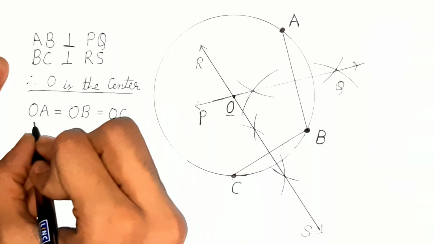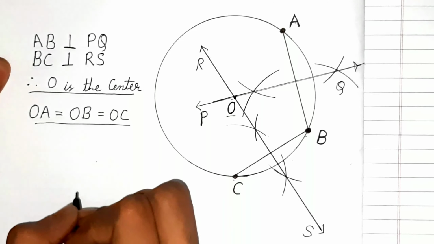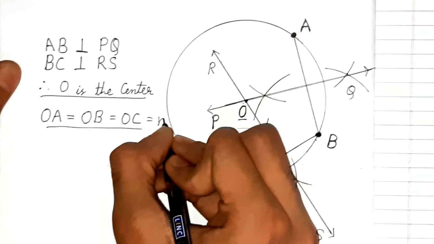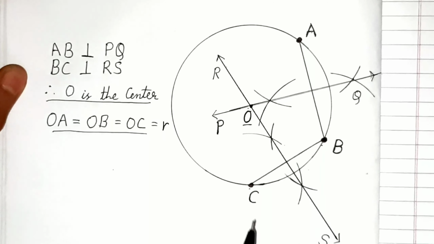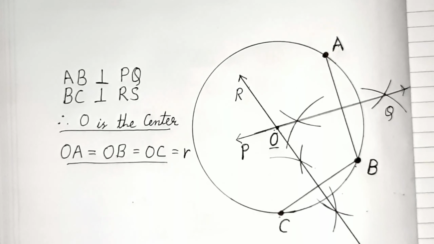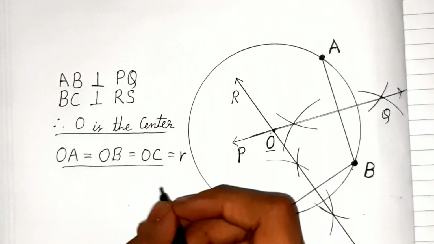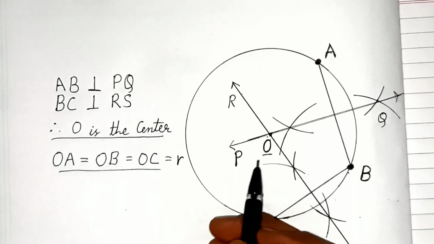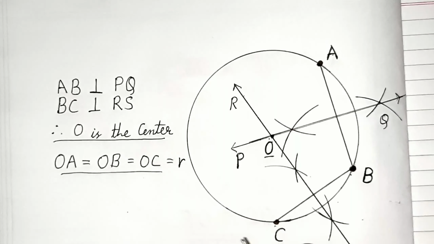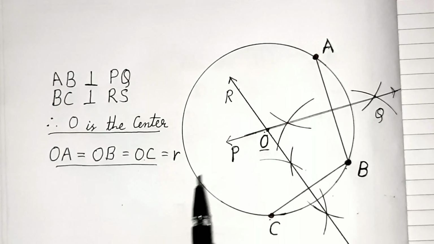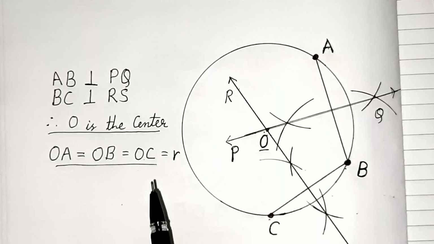So we can also write it as OA equals OB equals OC equals r, small r, that is our radius. When the distance between the center and all the 3 points is equal, that means it's the radius, then only we can draw a circle that passes through all the 3 points.